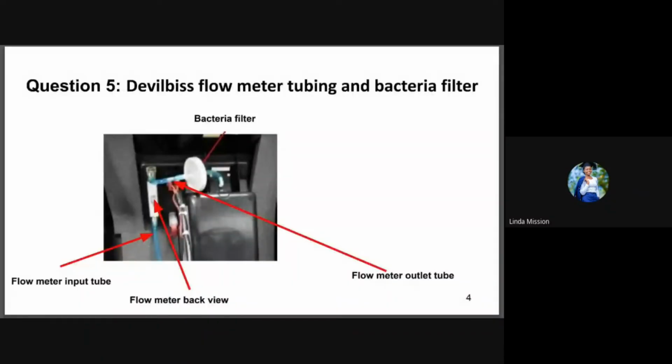So I will ask Linda to answer this one. Thank you, Maui. If the flow meter is not working as expected, here are some steps you can take to troubleshoot and find the source of the problem you are facing currently.